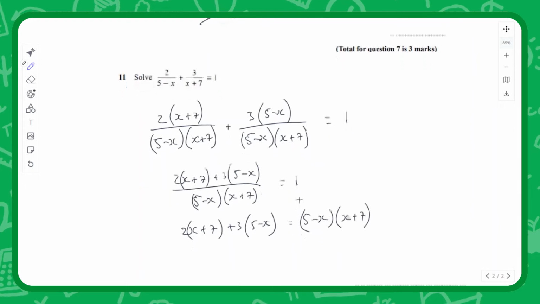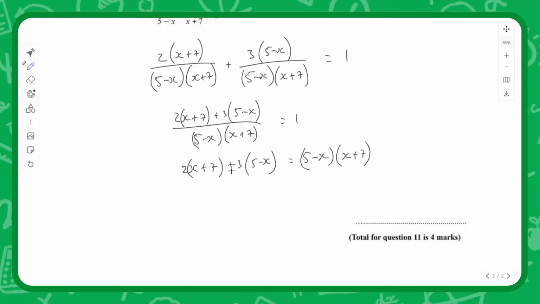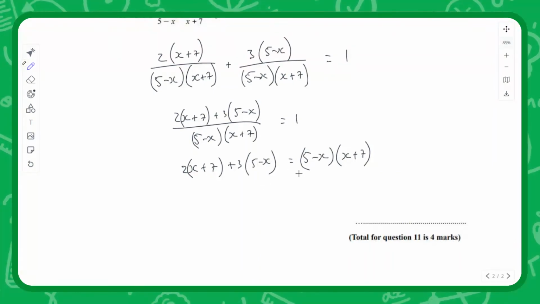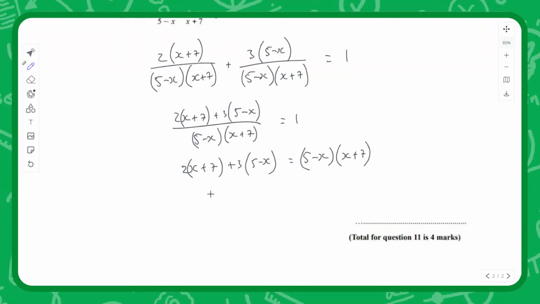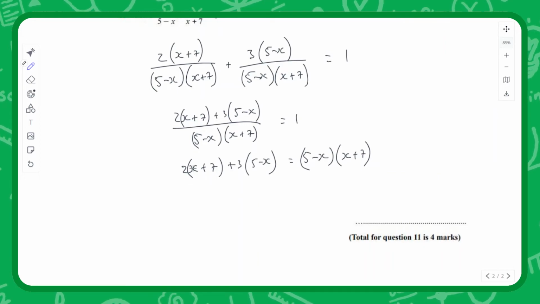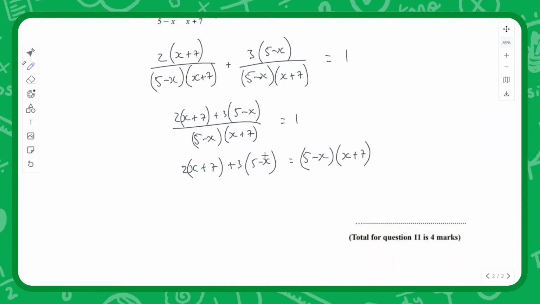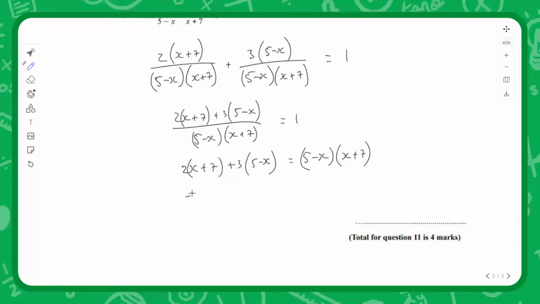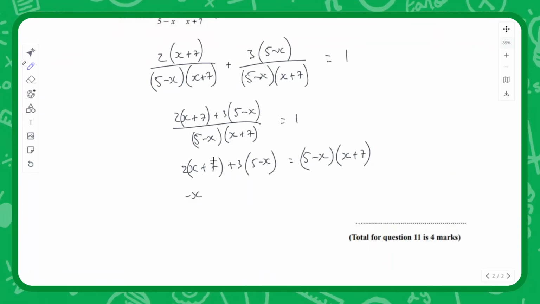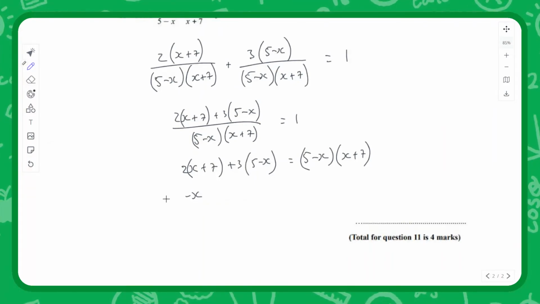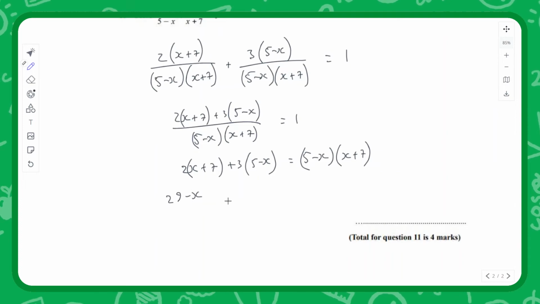And what's next? Well, we probably want to expand out everything now, because I want to eventually get all of my x's onto one side. And so if I expand this out, I get 2x, and then I get minus 3x, so I get minus x. And I've got 2 times 7 is 14, plus 3 times 5 plus 15. 14 plus 15 is going to give me positive 29. So that's my left-hand side.